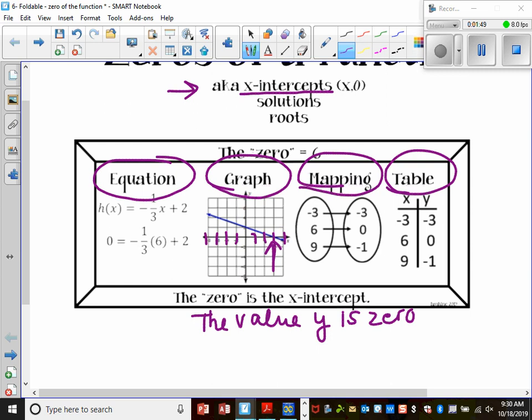Thus, you probably have that name, the zero of the function. Okay, so the value of y is going to be 0. So it's going to be very easy to point that out if you're looking at a table. Y is 0. There it is right there. Okay, or if you're looking at a mapping diagram. When you're actually looking at numbers, you just look where y is 0.